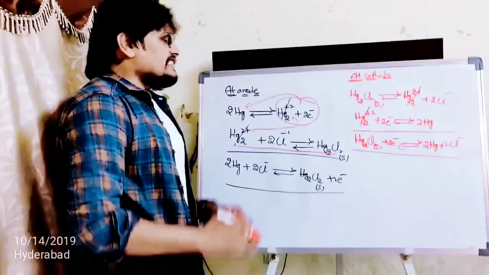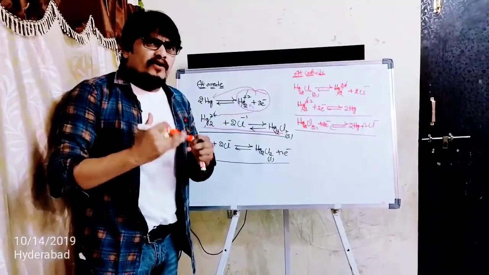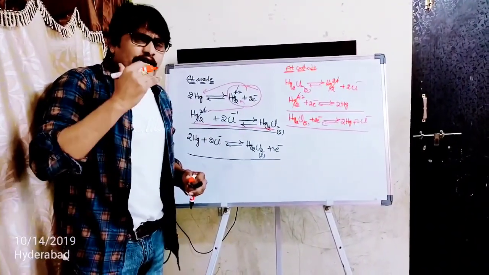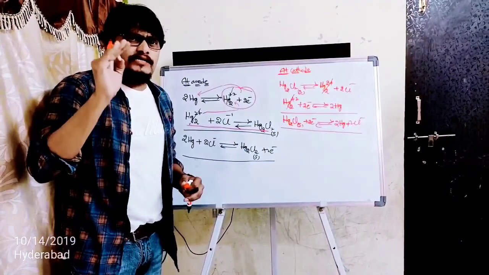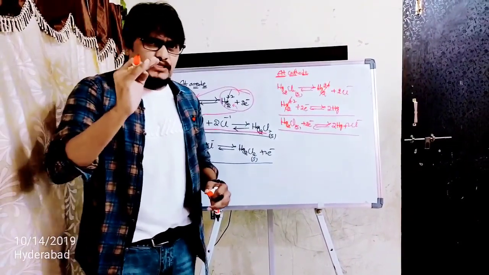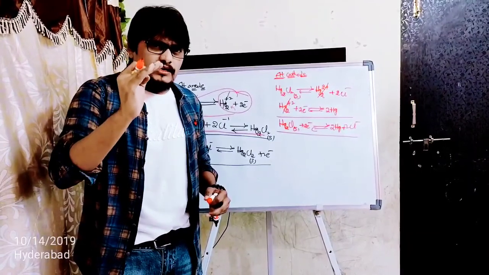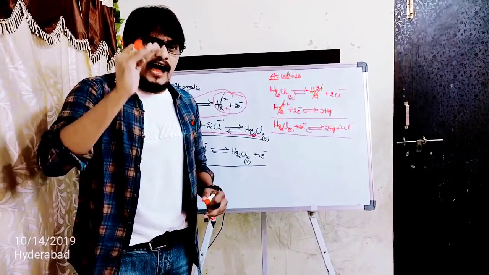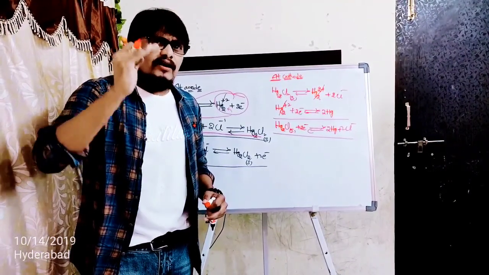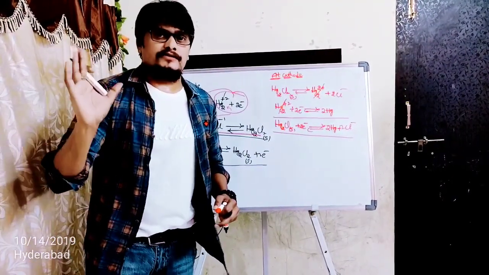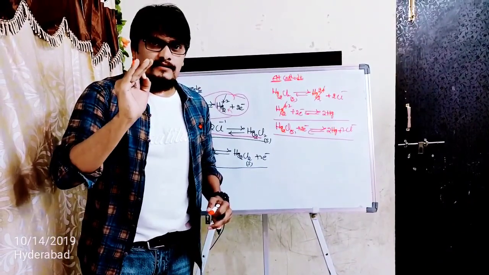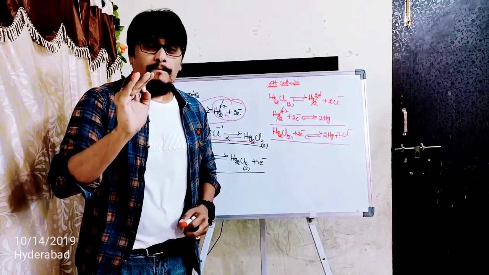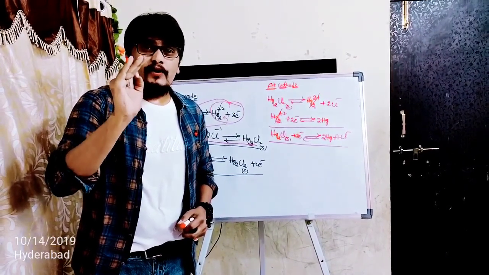Now, dear students, is there any need to memorize or mug up these reactions? No. There is a concept behind it. If you remember this concept, then it's very easy to write any chemical reaction, whether organic, physical, or inorganic. That concept is: nature hates to be in the ionic form.